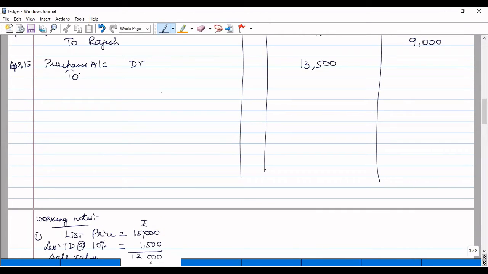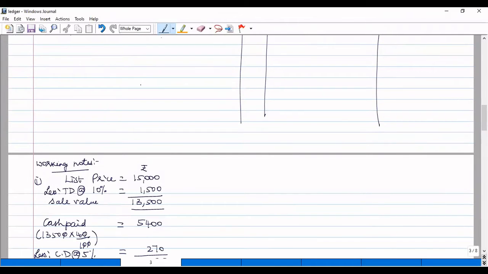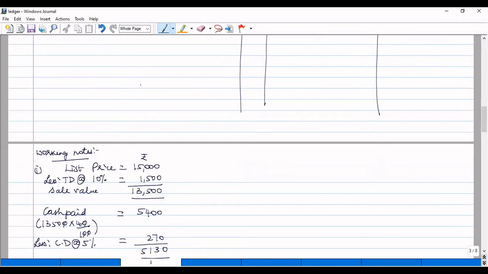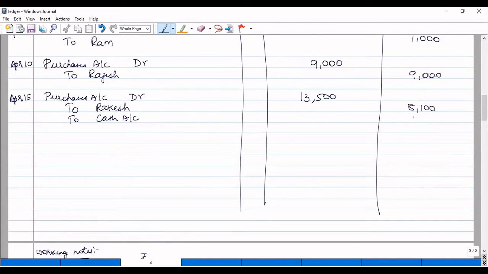So the balance 60% is the amount we still have to pay to Rakesh. Okay, so credit Rakesh account with the amount we are supposed to pay, that is 8,100. Right, now how much is the cash paid? We have paid 40% in cash, out of which we have availed a 5% cash discount. Okay, so 5,130 is the cash paid and balance 270 is the discount received. Okay, so credit discount received account.